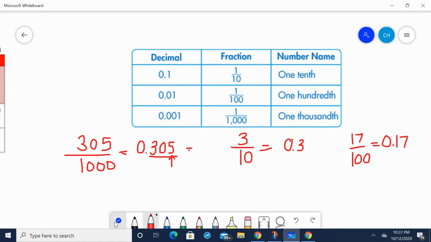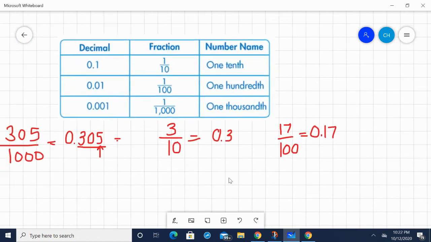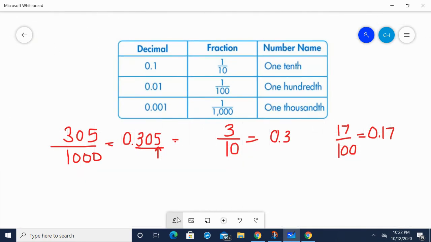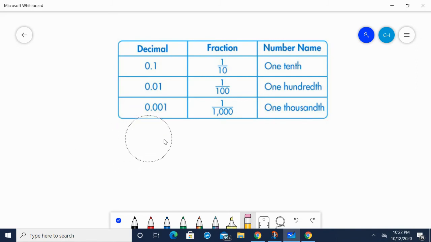Now that we've done them from fraction to decimal, we can also think of the same thing from decimal to fraction. And I'm sorry, I just decided let's keep that chart up there to help us. And let's see now. What if I have 0.009?